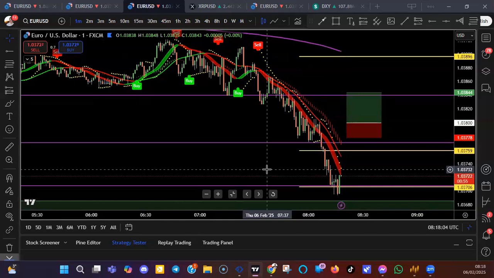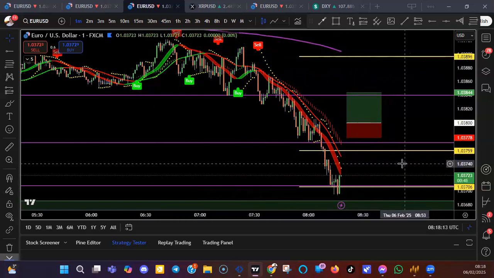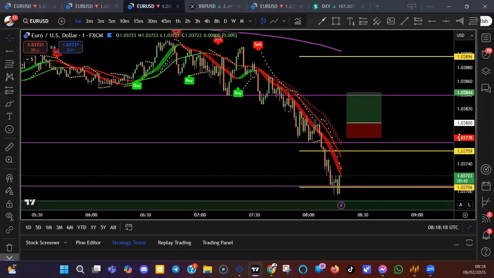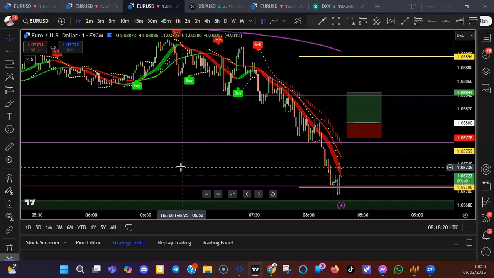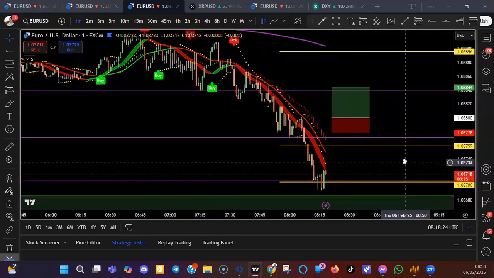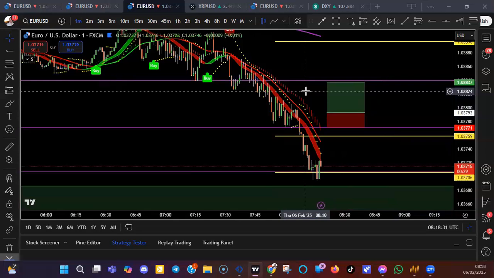Again, using exactly the same sort of strategy, price going into the zones for confirmation, taking the next buy or sell as appropriate, and just following along exactly the same. And because we need only one trade a day, essentially, if we win that trade, we walk away.